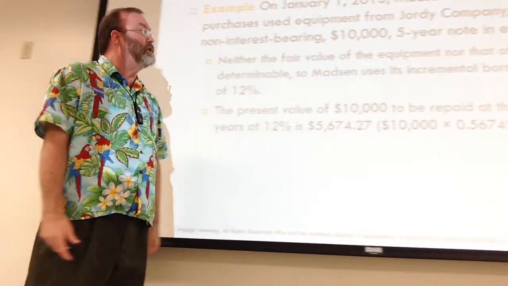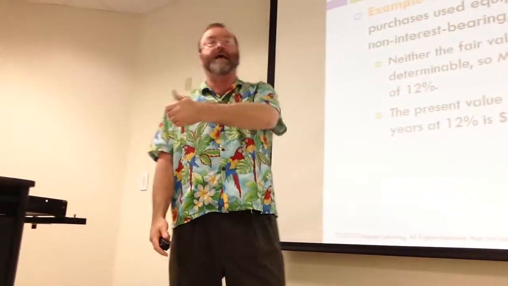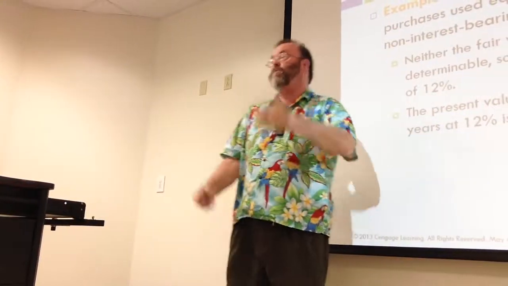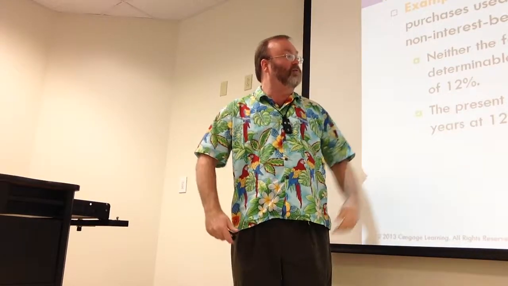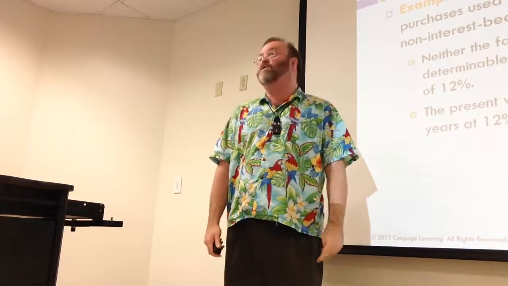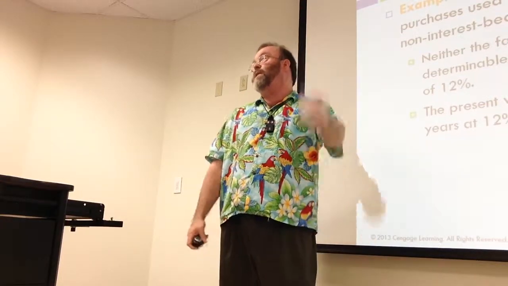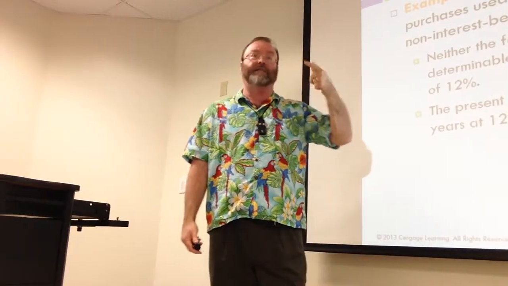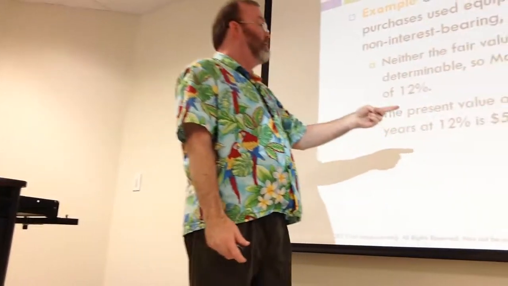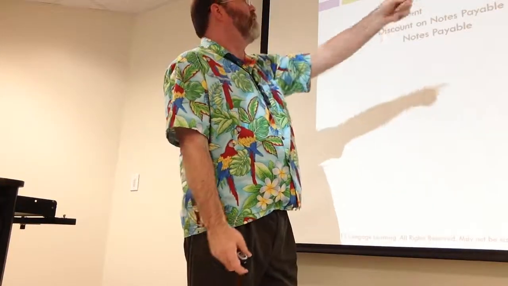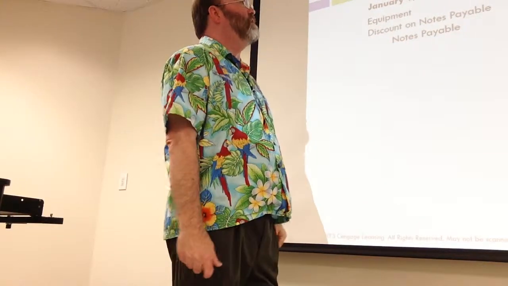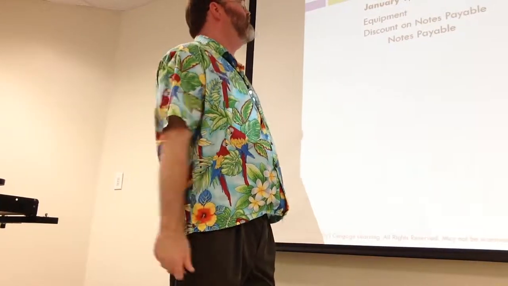So the transaction is going to be a debit to machinery or equipment for $5,674.27, a debit to the discount on notes payable for the difference, $4,325.73, and a credit to notes payable.